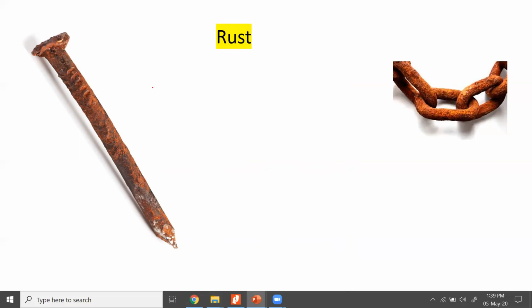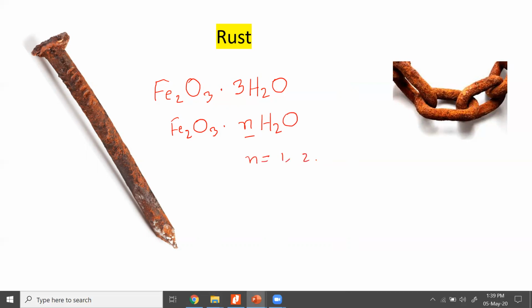Rust is a compound. Its formula is Fe2O3.nH2O, where n is the variable quantity of water molecules. n may be 1, 2, or 3.